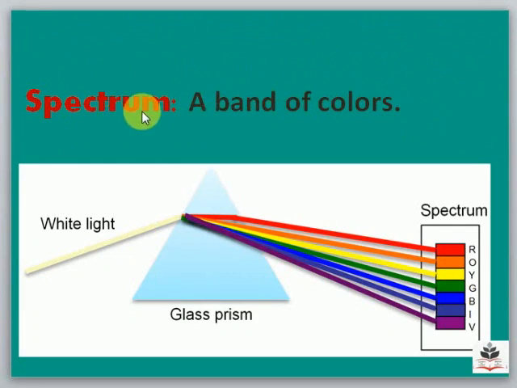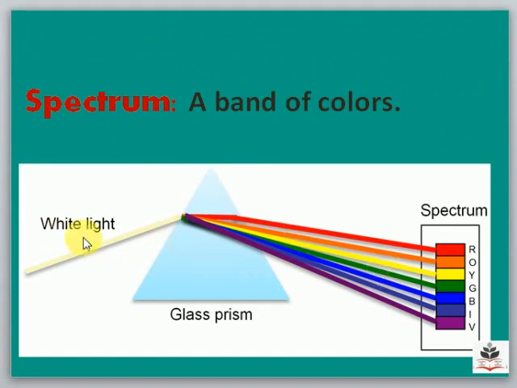In physics, you will study it in detail, but here I am explaining it generally. If white light or visible light is passed through a prism, it will convert into 7 colors or a rainbow. This band of 7 colors, or rainbow, is one of the examples of a spectrum. It is known as a spectrum.